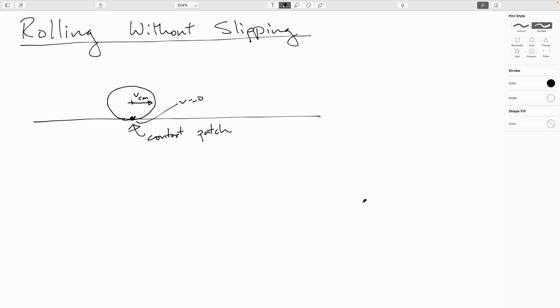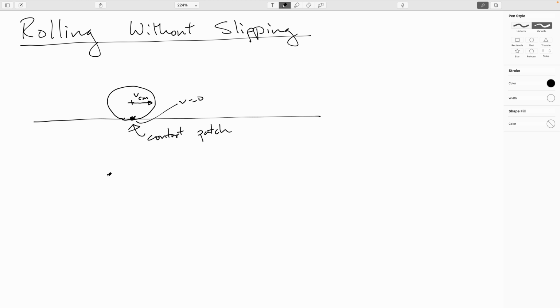Because remember, in the rigid body model, we can completely describe a rigid object's motion as a combination of the translation of its center of mass with the rotation about the center of mass.